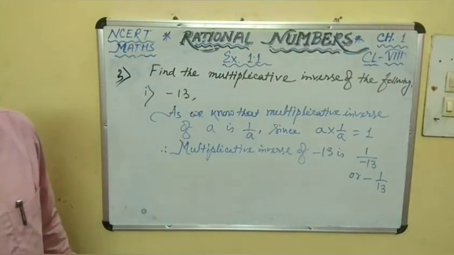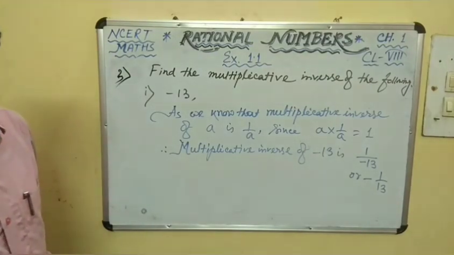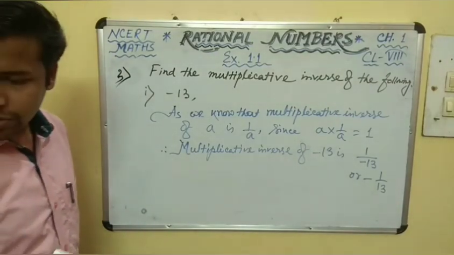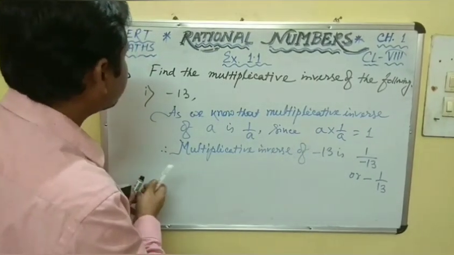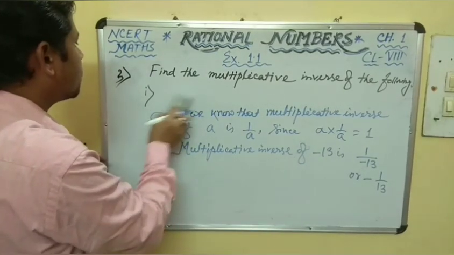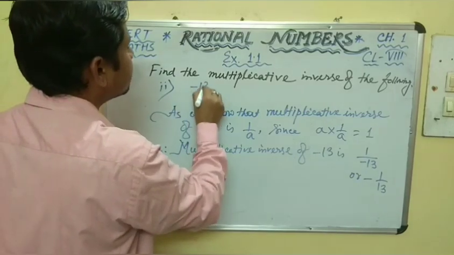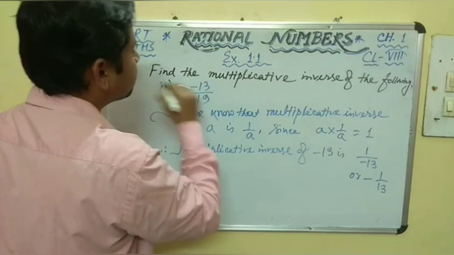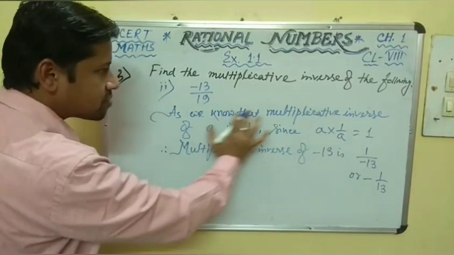Next, number 2 is saying minus 13 by 19. What do we have to write here? The same wording will be there.